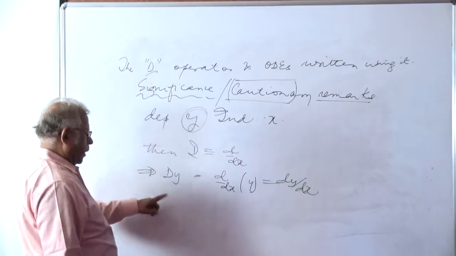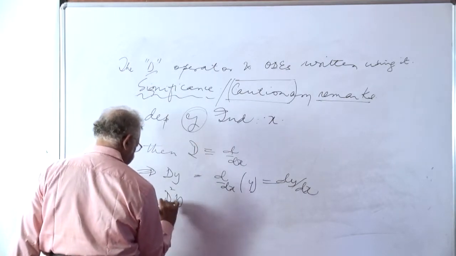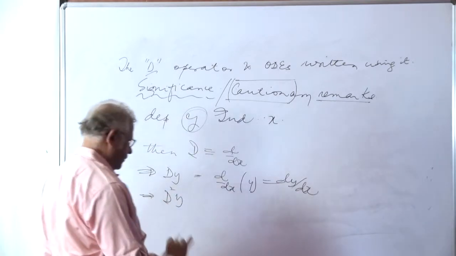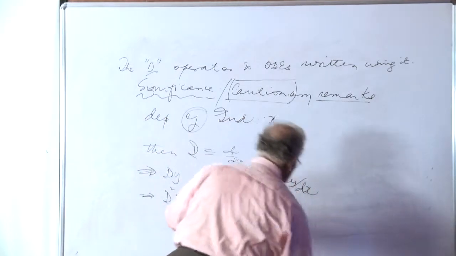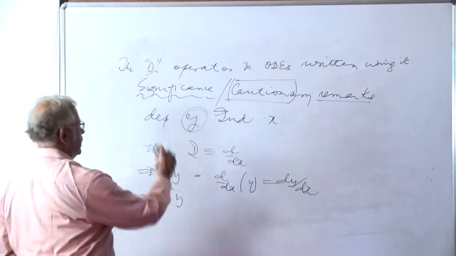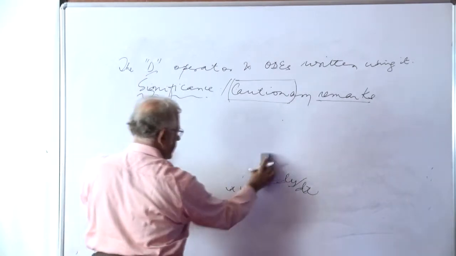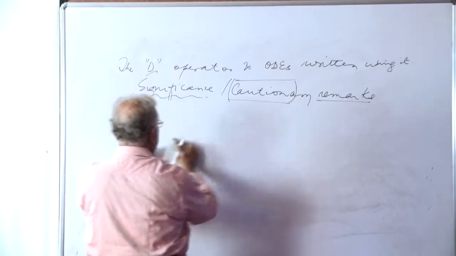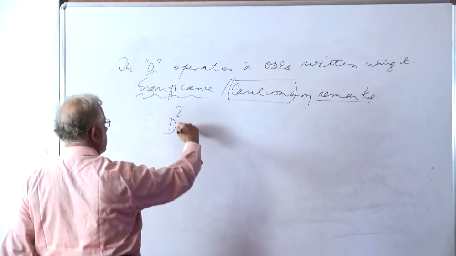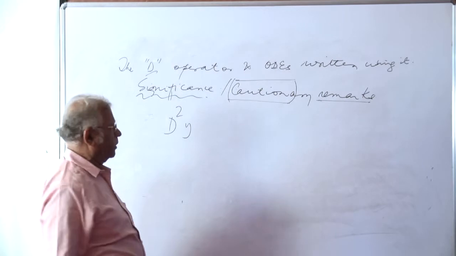When we write once again, say for example D square y, I will give a definition to it. D square y and higher powers of D operating on y, how they have to be interpreted. So let's say D square y, what does it stand for? D2y. That is the very correct way of saying, instead of saying D square y.